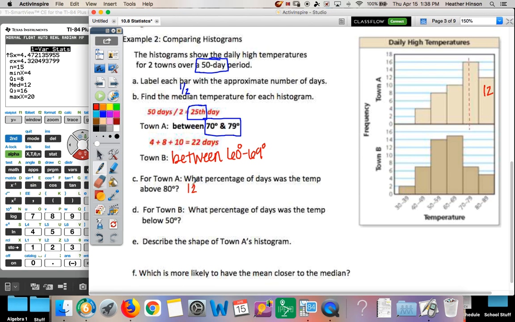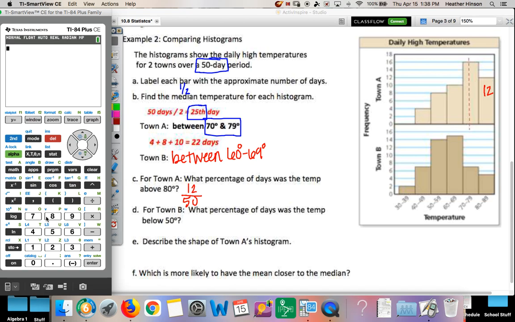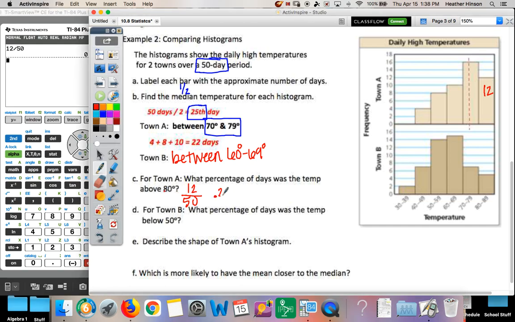We know 12 days were between 80 and 89, but out of how many? That 50-day period. So 12 divided by 50 gives 0.24. For a percentage, you just move it over twice, which gives you 24%. So 24% of your days are above 80 degrees.